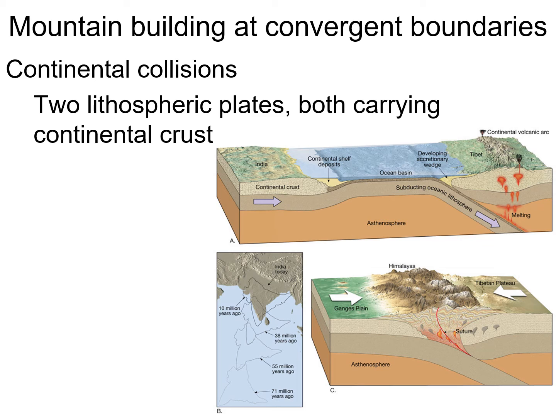And so now as India is colliding with mainland Asia, India is too buoyant to subduct down, and so it is going down a little bit, but is springing back up and causing the rest of the mountain building to kind of go into overdrive.